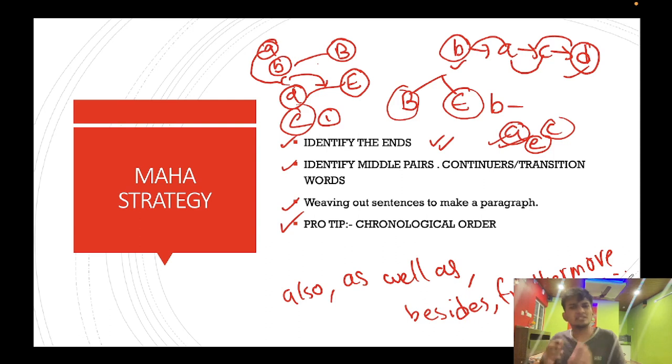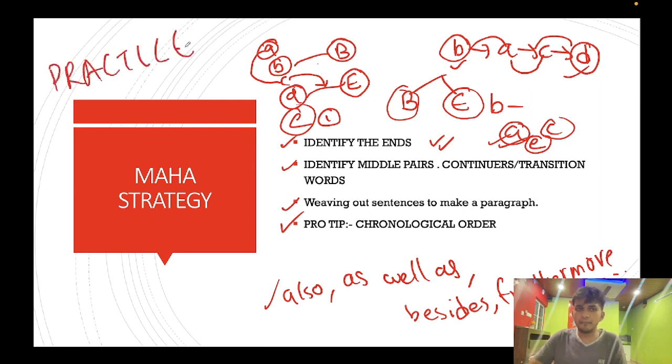Once you start practicing, you will obviously figure out what these continuous and transition words are. You will figure out how they are used and all of that. All you need is practice. Practice is actually the MAHA strategy. I'll write it MAHA square, because you're all IPM aspirants and you need to understand and decode this strategy.